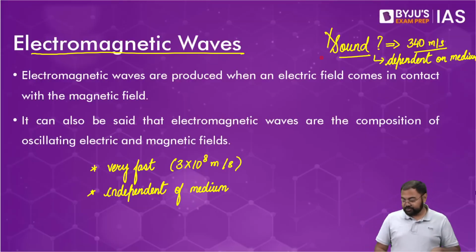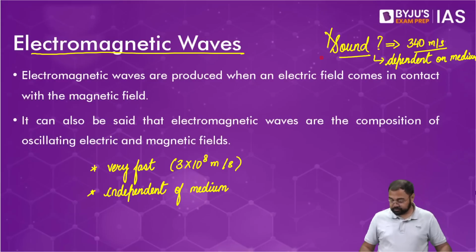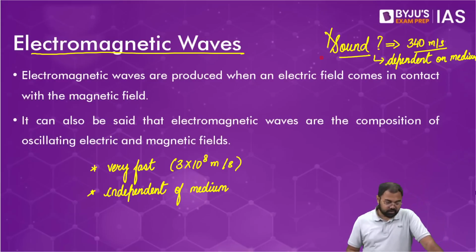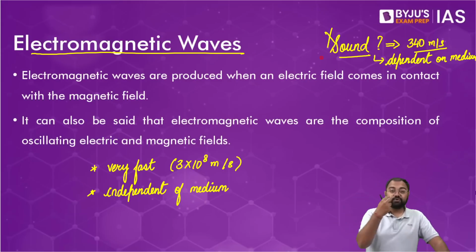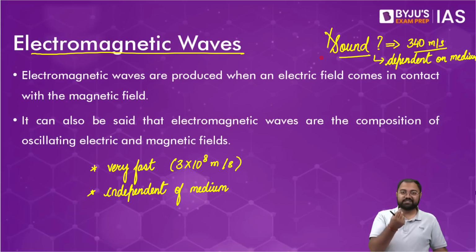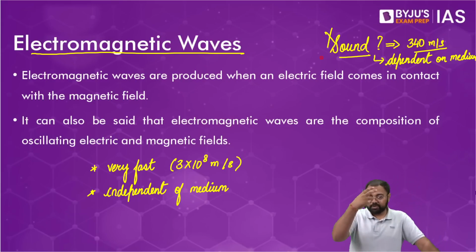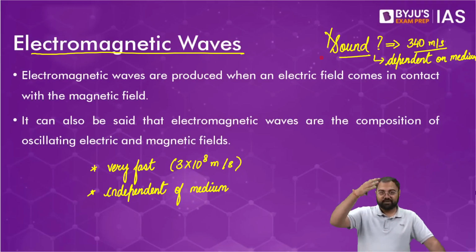Now, when it comes to electromagnetic waves, they do not need a medium, and they can travel. Sound cannot. Sound would need a medium. So for example, even if my voice is reaching you, there is a reason for that. When I say something, there are air molecules around my mouth.